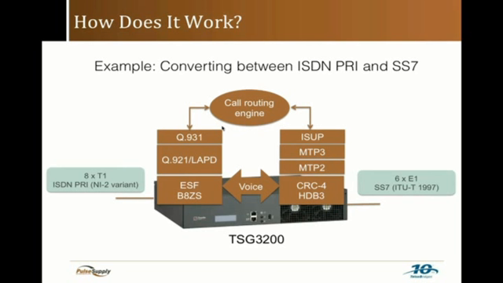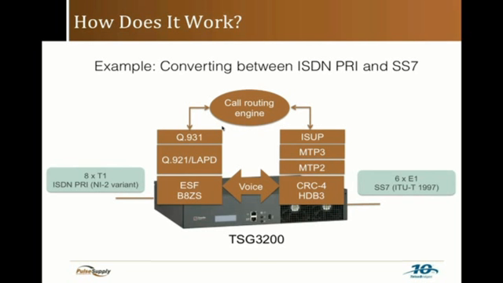In this next slide, I'd like to illustrate that a signaling converter is involved in much more than simply converting signaling protocols. It's actually involved in the transport of the traffic, or the transport of the audio or voice. What I'm showing here is a signaling converter, in this case the Telcobridges TSG3200, which is connecting on the left-hand side to a T1 network, or to a network for which the interconnection uses T1.